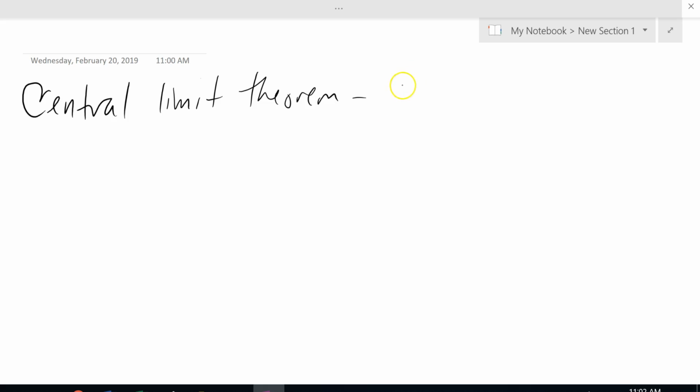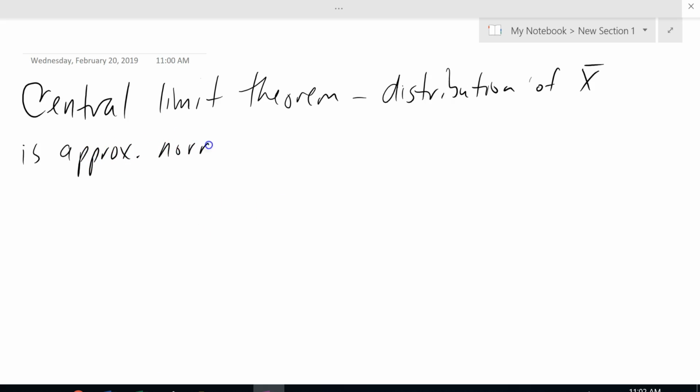So the distribution of the sample means, or of the sum of x's as well, is approximately normal if little n is large enough.